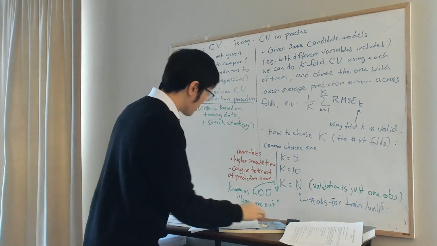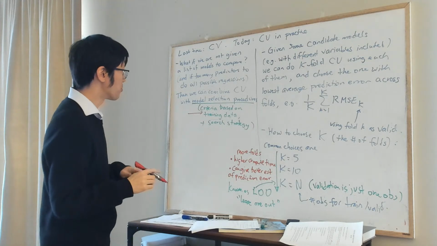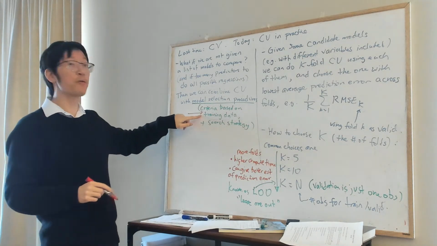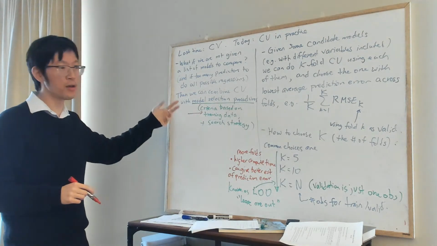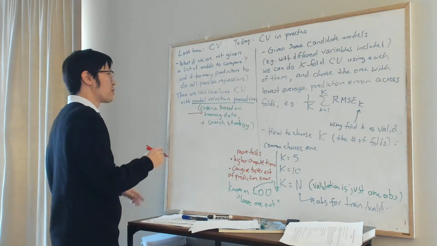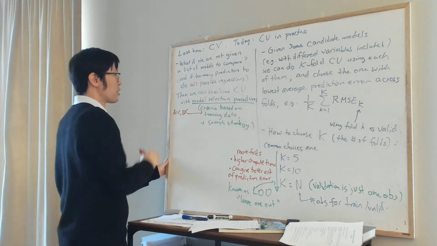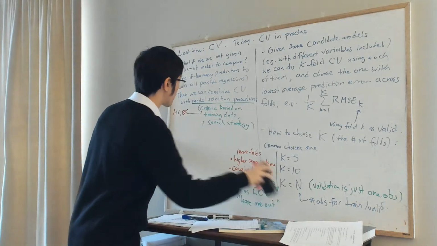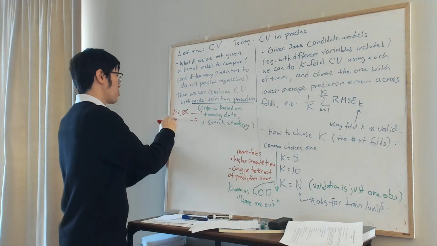So what have we seen so far in terms of criteria based on the training data? In this context, it is highly recommended that we base our criteria on the training data, because when we start peeking at the validation data, that could bias our results. Criteria based on the training data include things like AIC and BIC. And in terms of search strategy, we have seen things like stepwise.